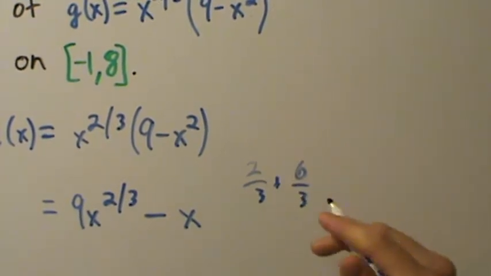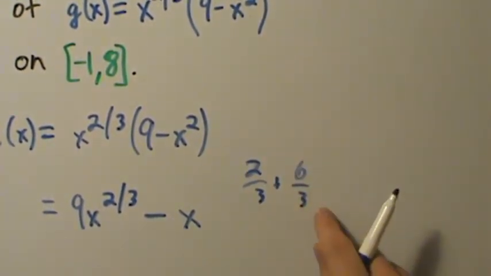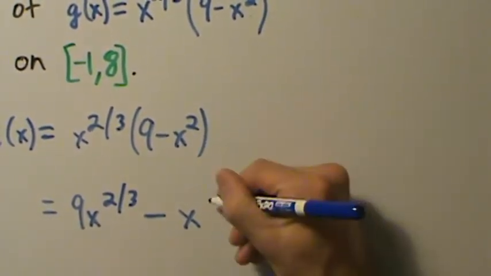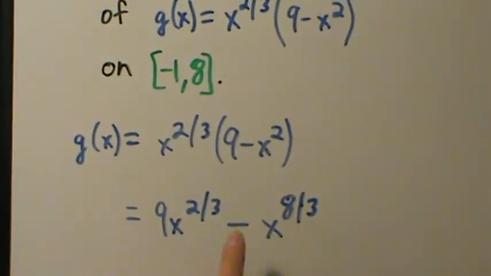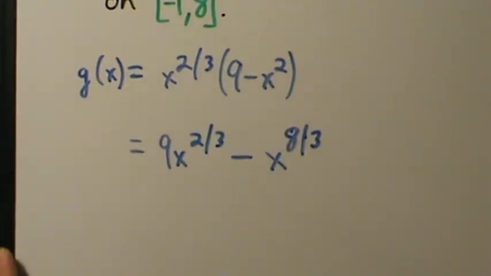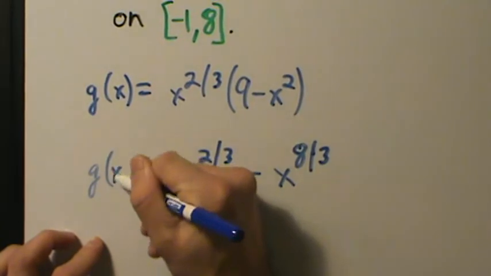So 2/3 plus 2 is 2/3 plus 6/3, which is 8/3. So our exponent here is going to be 8/3. So x to the 2/3 times x squared equals x to the 8/3. That's just an algebra thing there. Okay, so here's our function g of x.